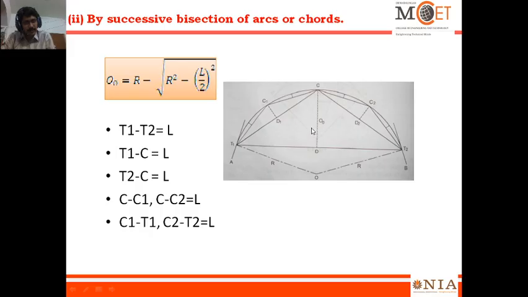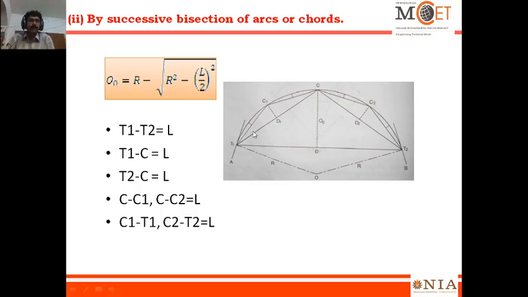See here the R doesn't get changed. If you join here also, for this arc also the R is the same, but the length of the chord keeps changing, right? T1 C, this is the L, T2 C again L, then C1, this is the length, and C1 T1, this is the length.